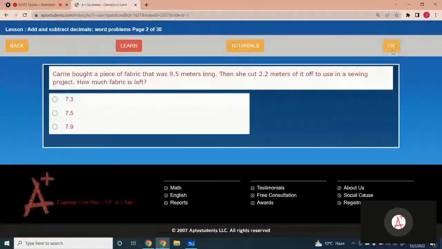Okay, the next one is Carrie bought a piece of fabric that was 9.5 meters long. Then she cut 2.2 meters of it off to use in her sewing project. How much fabric is left?